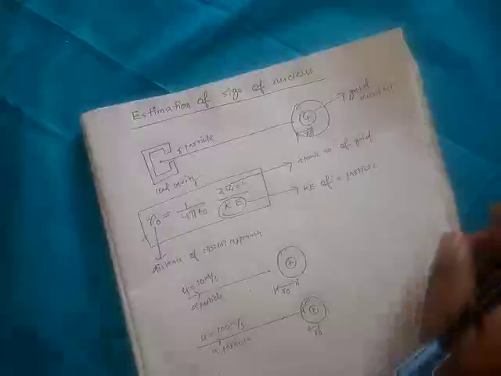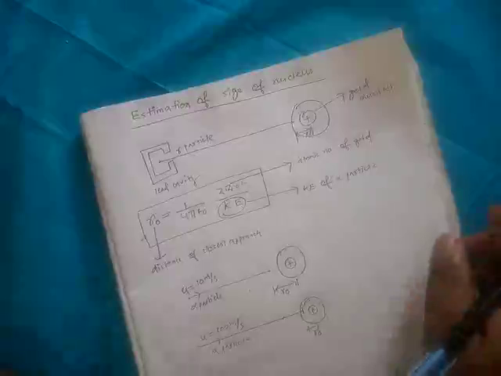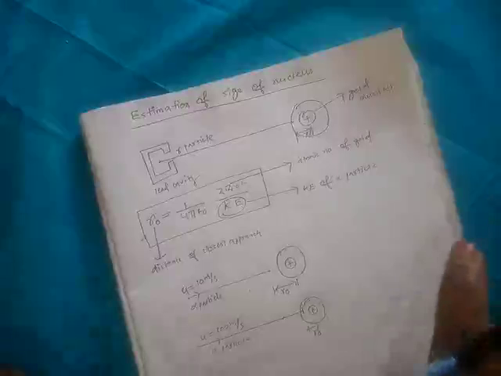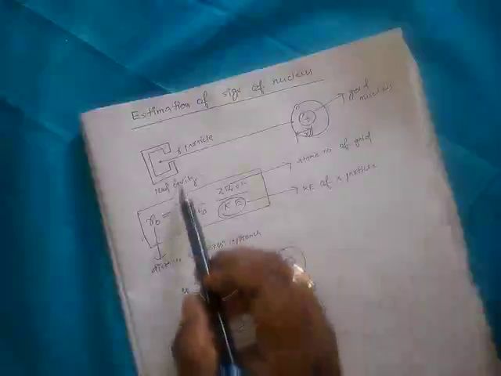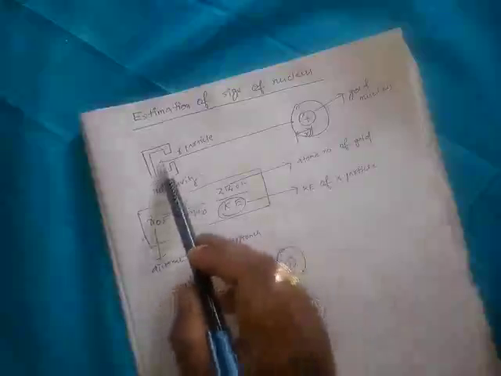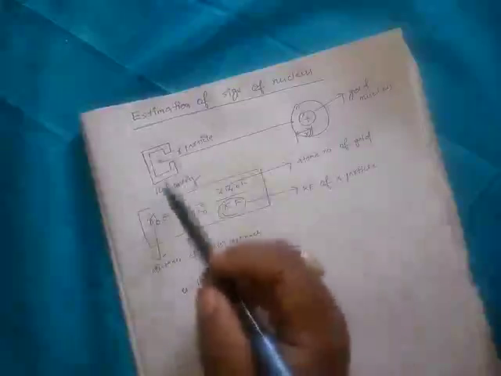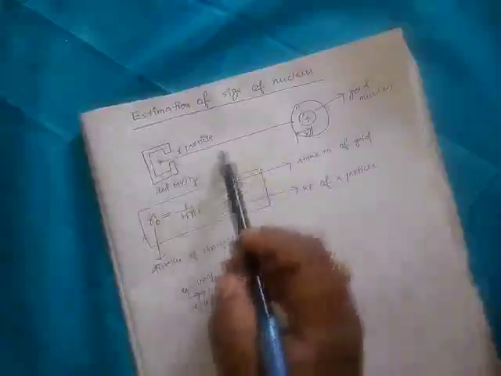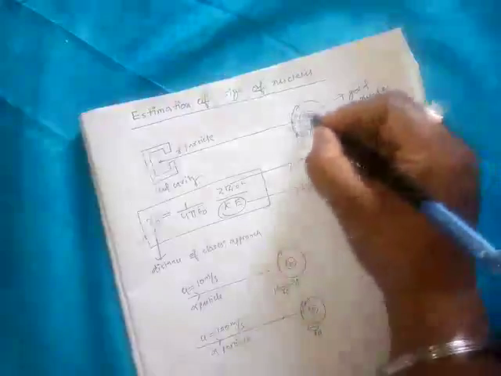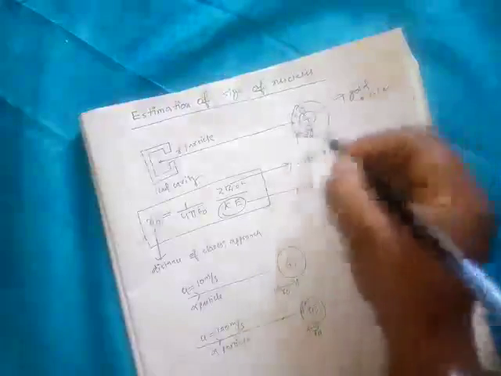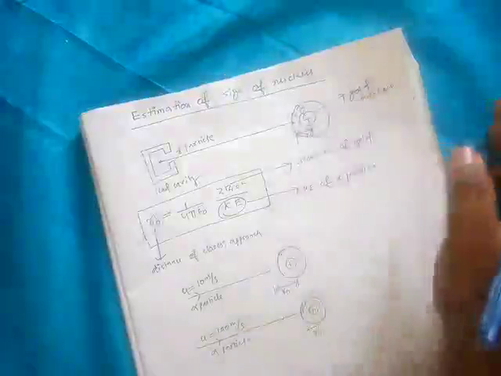Okay. Now we are going to estimate the size of the nucleus. And this is the basic diagram that we know. This is the source of alpha particle, emitting alpha particle, and here the velocity of the alpha particle becomes 0. This is the distance of closest approach that we know already. Yes or no?